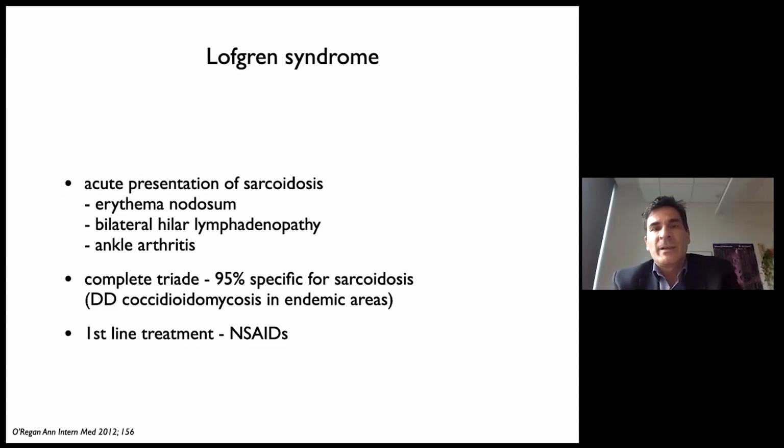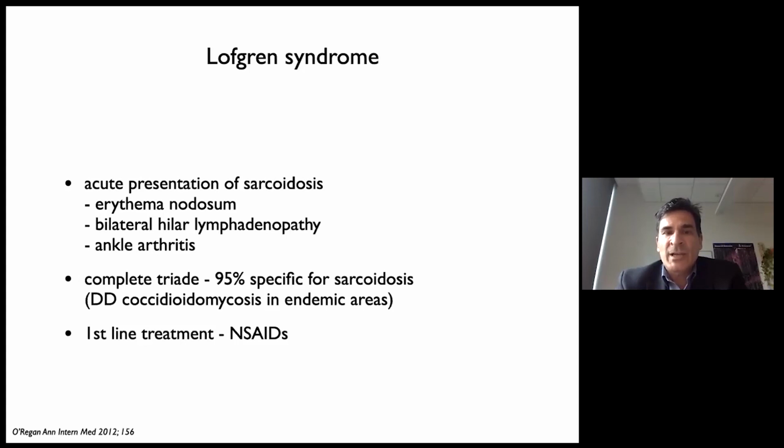This patient presents with erythema nodosum and ankle arthritis. And the classical triad of erythema nodosum, bilateral hilar lymphadenopathy, and ankle arthritis is called Löfgren syndrome, and is a manifestation of sarcoidosis.